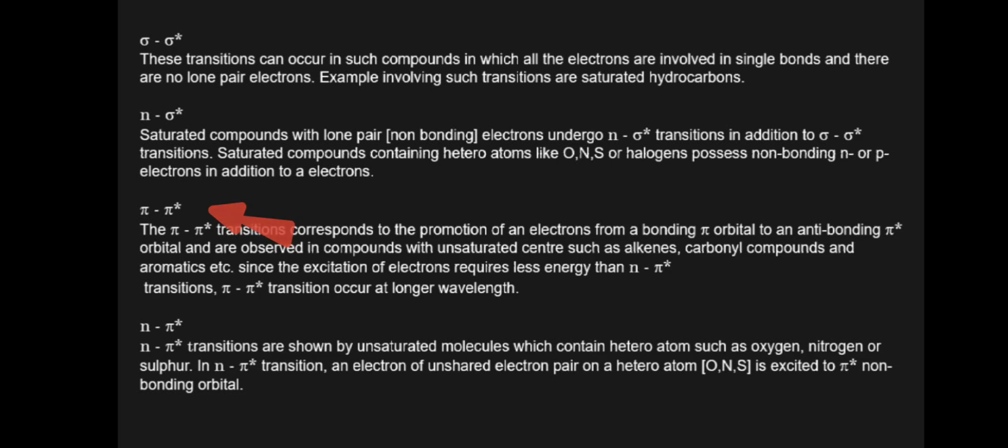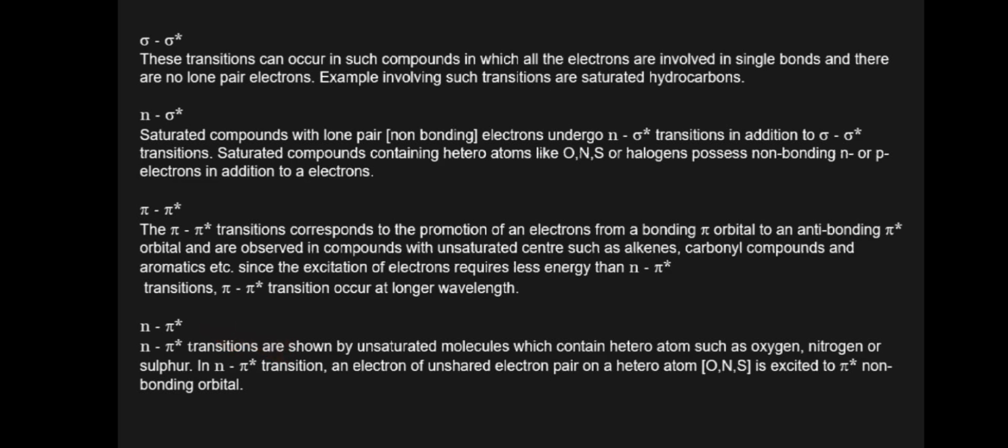Pi to pi star. The pi to pi star transition corresponds to the promotion of an electron from a bonding pi orbital to an anti-bonding pi star orbital and is observed in compounds with unsaturated centers such as alkenes, carbonyl compounds and aromatics. Alkenes, alkynes and carbonyls are examples of pi to pi star transitions, and they generally absorb in the region of 170 to 205 nanometers.